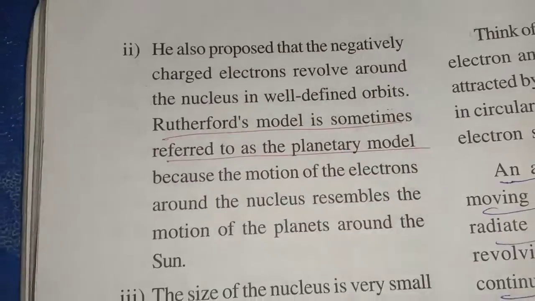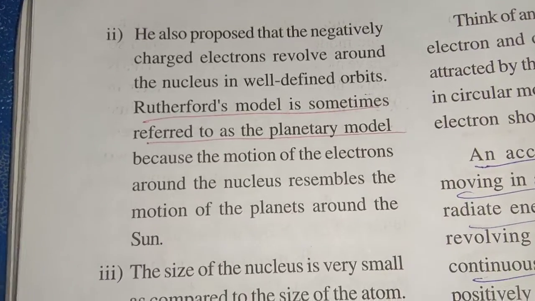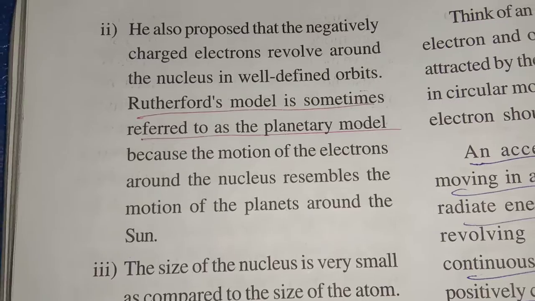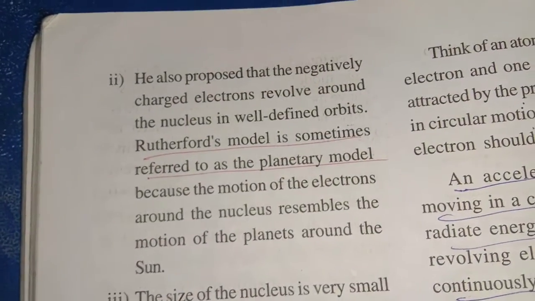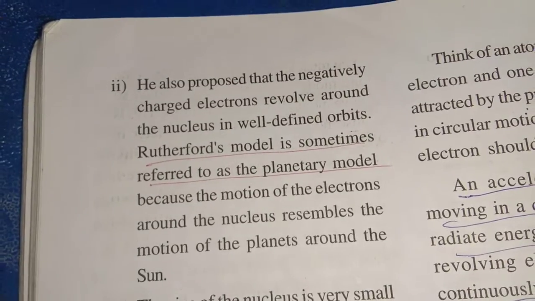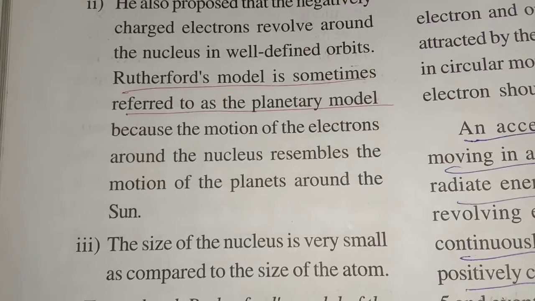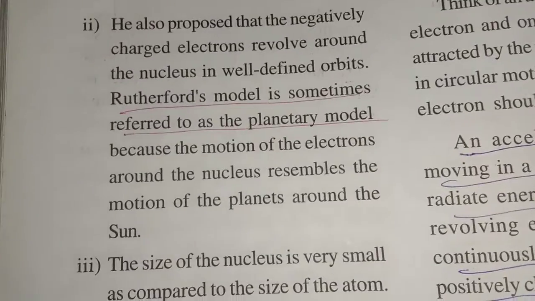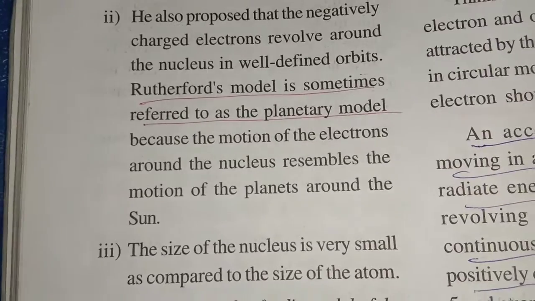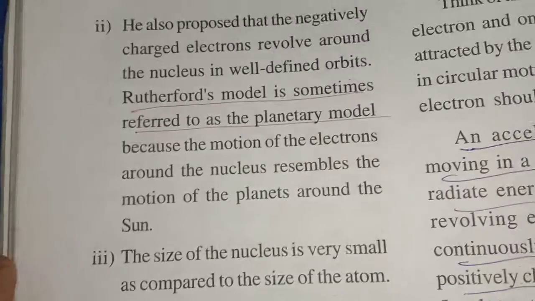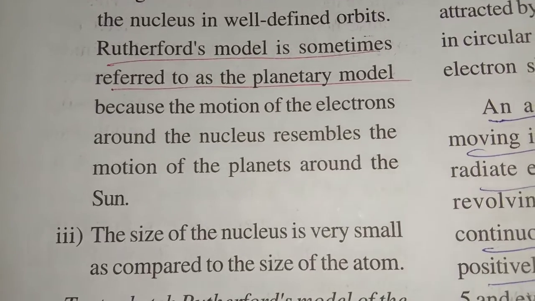He also proposed that the negatively charged electrons revolve around the nucleus in well-defined orbits. Rutherford's model is sometimes referred to as the planetary model, because the motion of the electrons around the nucleus resembles the motion of the planets around the sun.